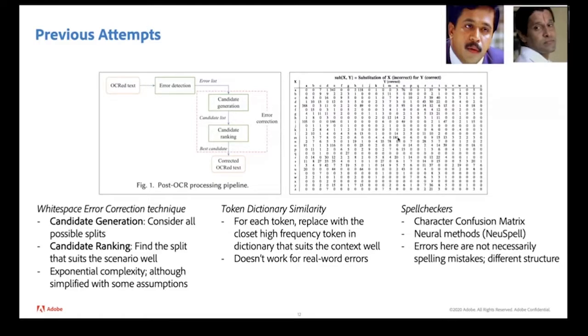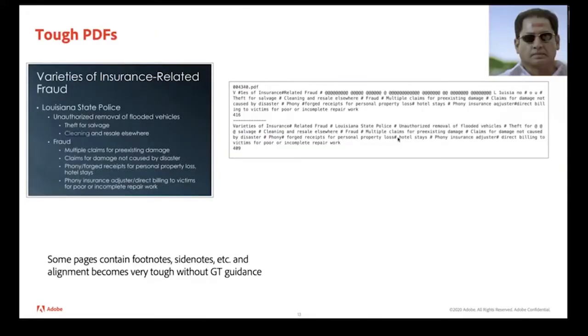So within the Adobe dataset itself, the PDFs are very tough. They could be PPTs converted to PDFs, and it's very difficult to align them because of these spaces and so on. You have different paragraphs, and you don't have that alignment in the paragraphs itself.